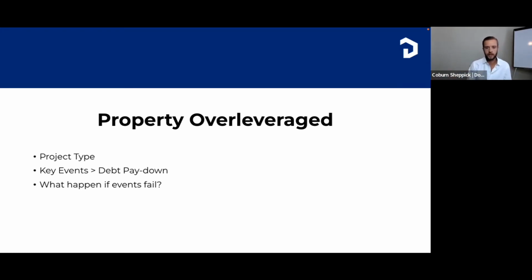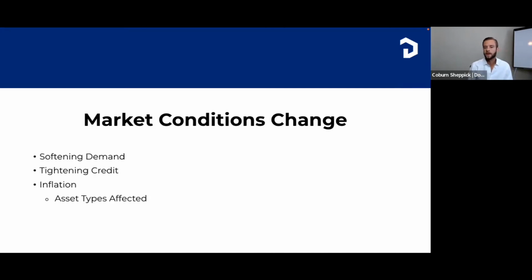Likely when there's bridge debt, you're trying to get rid of that debt in order to come up with a permanent loan. So when those events fail, that's when properties could become over leveraged, mostly in opportunistic types of projects. Understanding those events again would help us understand the risks associated with them.